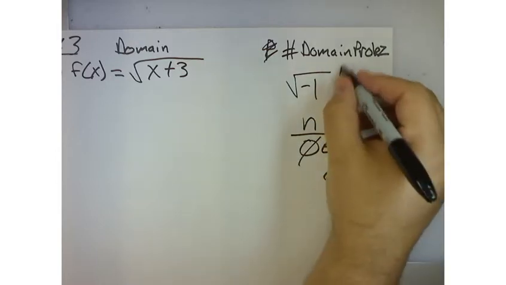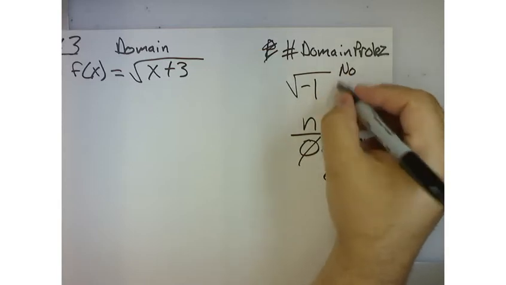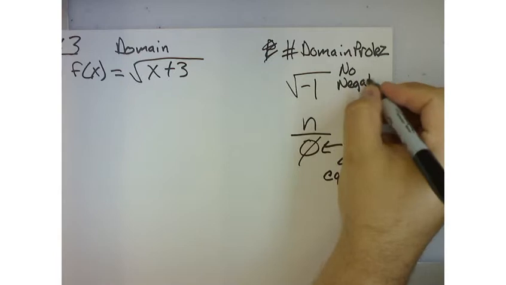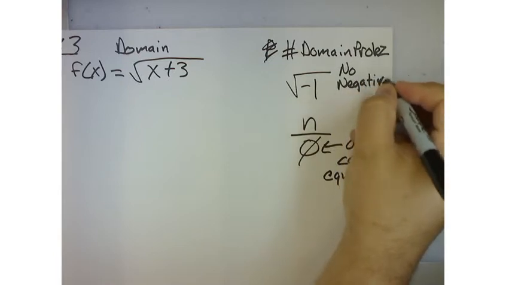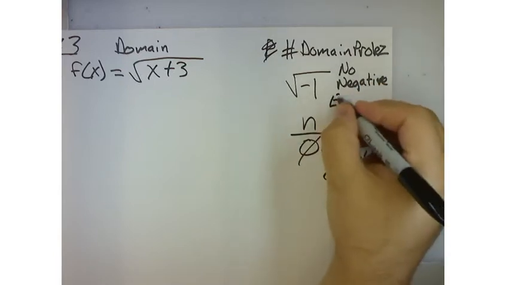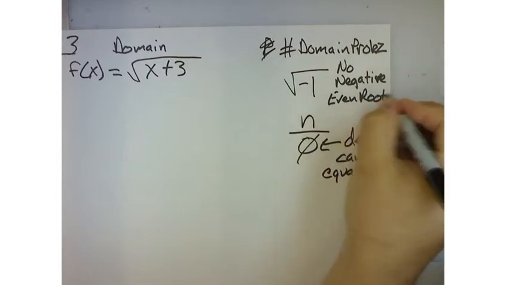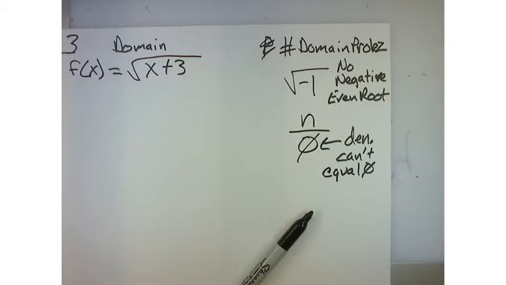And you can't have a negative even root. You can't take an even root. We always say square root, but that applies to a fourth root, a sixth root.